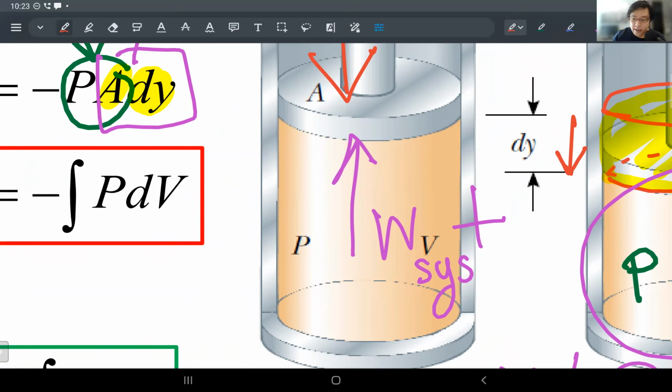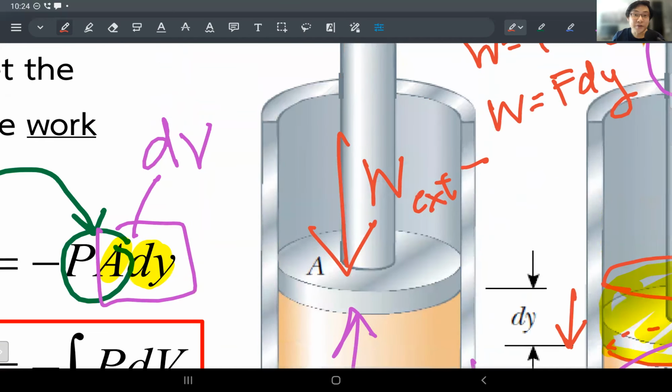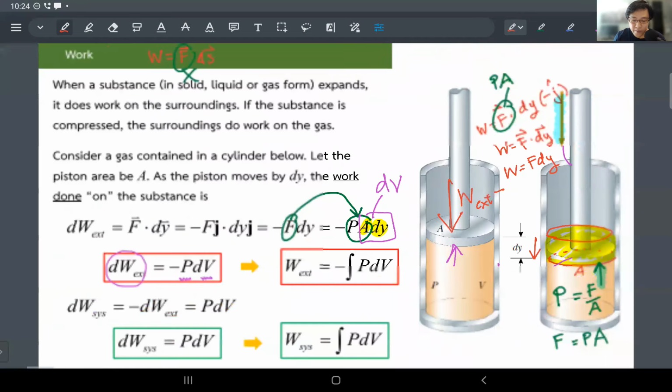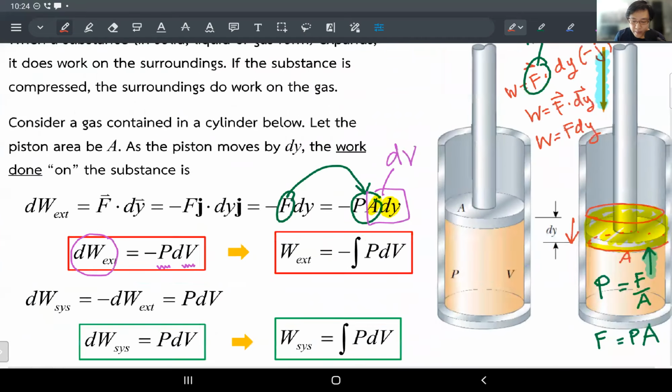So expansion indicates positive work done by the system. And that is going to give you negative work done by the external force. And here comes the conclusion. One more time, slowly with me.